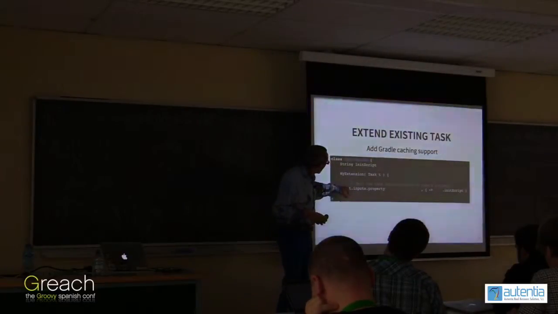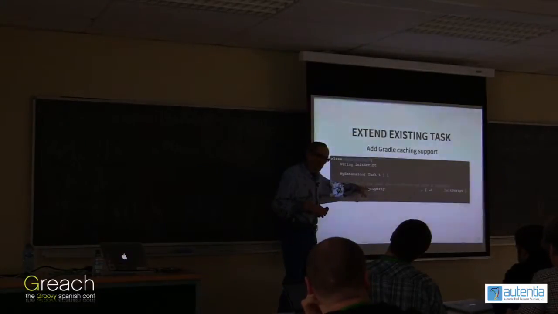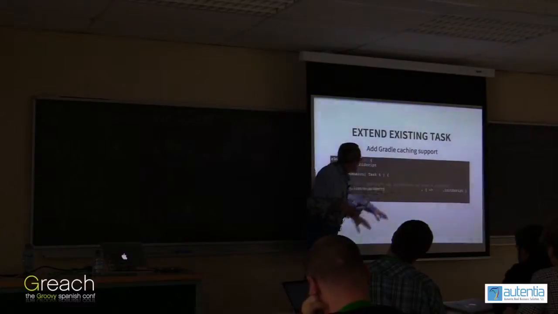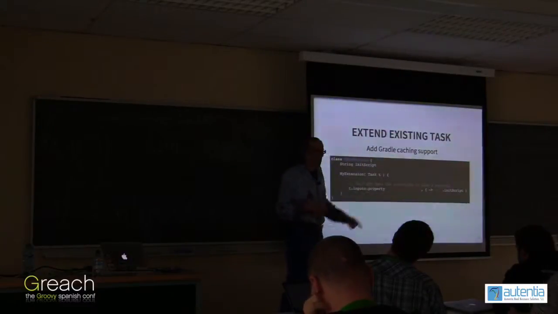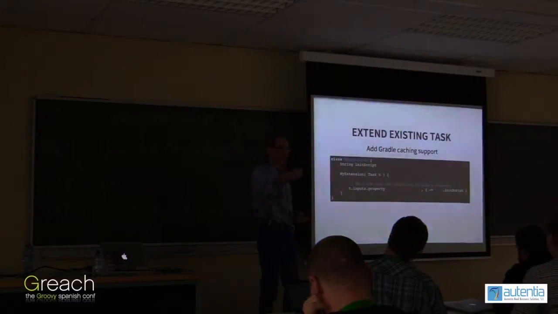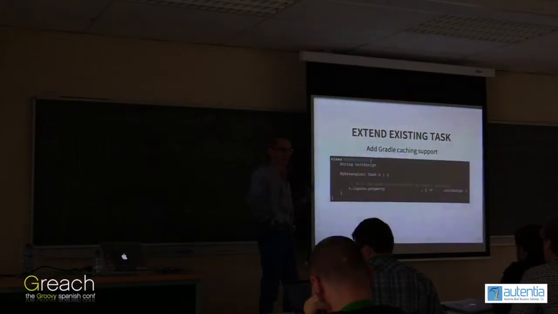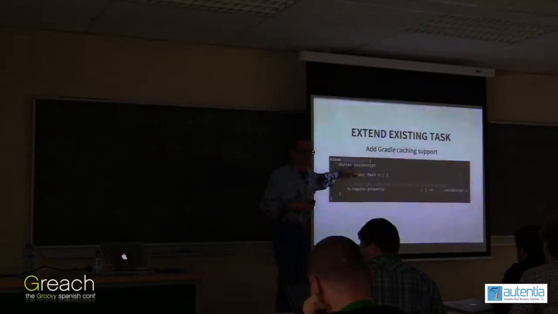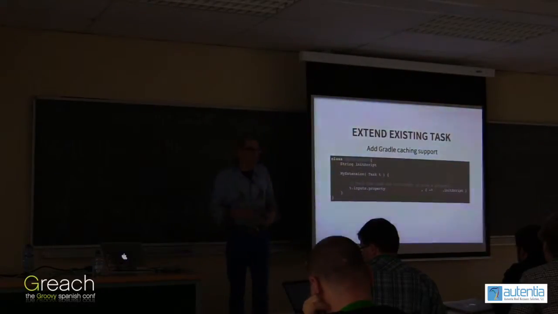We add this extra property in the task, and you can call it whatever name you want. It doesn't really matter. Then you give it a closure. When Gradle wants to evaluate the properties, whether it's up to date, it calls the closure. In this case, all I want is for that closure to return this value, and that gets evaluated.